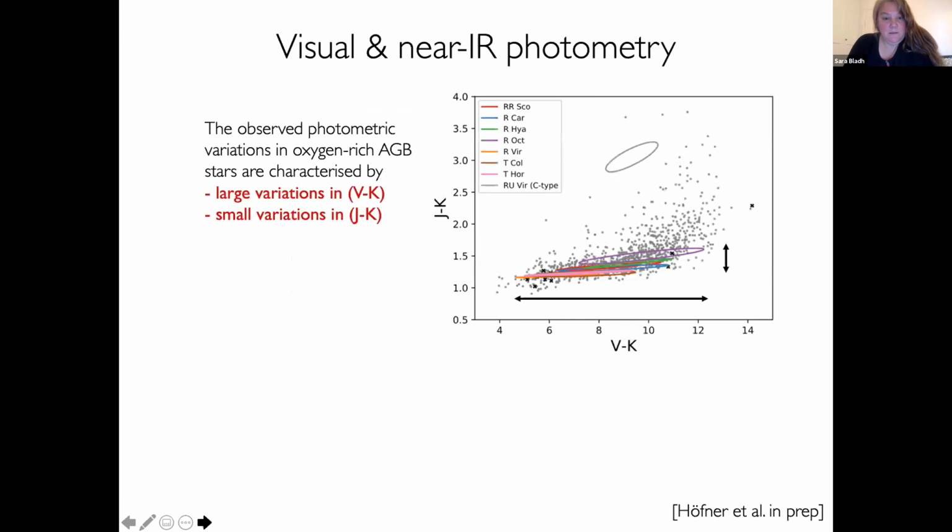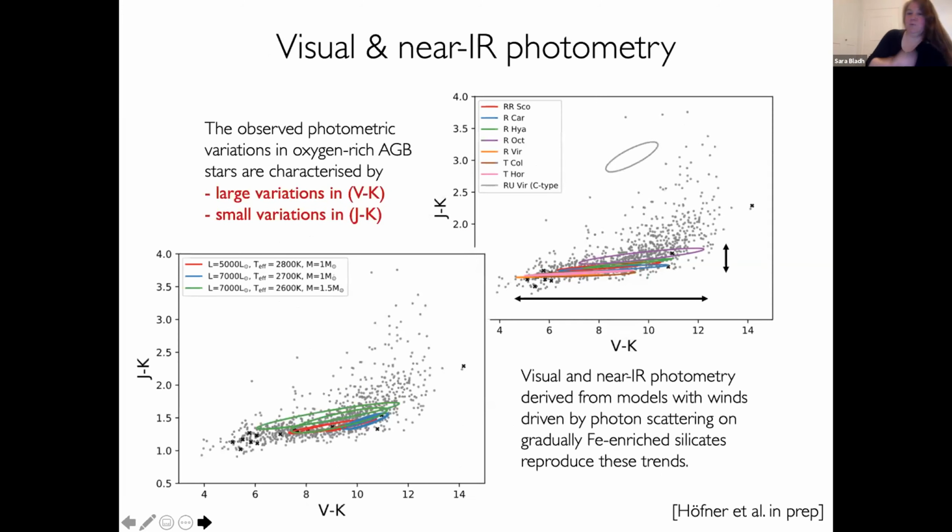One of the most important results when we started doing winds driven by photon scattering is that we could actually reproduce this very special trend that you see in M-type AGB stars.